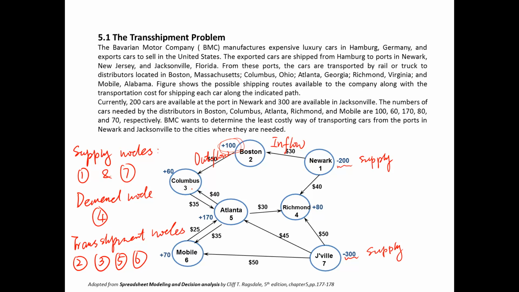It's the same for node 3. There is one inflow from node 2, and there is another inflow from node 5. Another inflow could come from, say, 7 to 5 and 5 to 3. So we have two inflows to node 3 and one outflow back to 5. When the problem is solved, these two arcs will not have values greater than 0 at the same time.